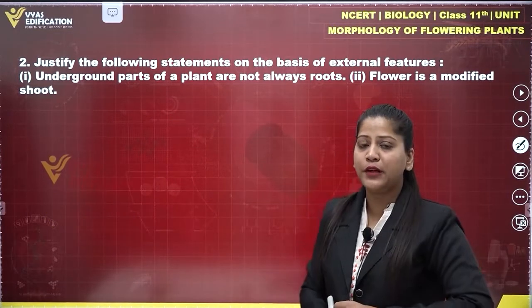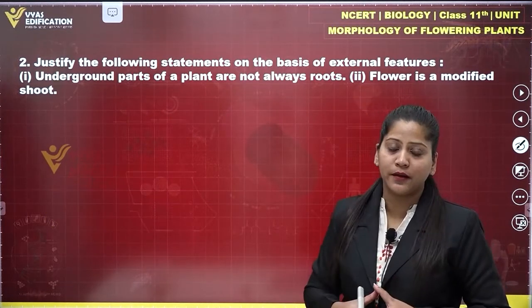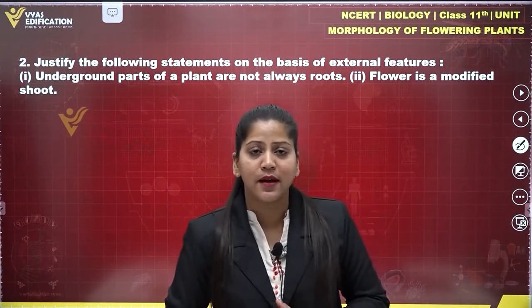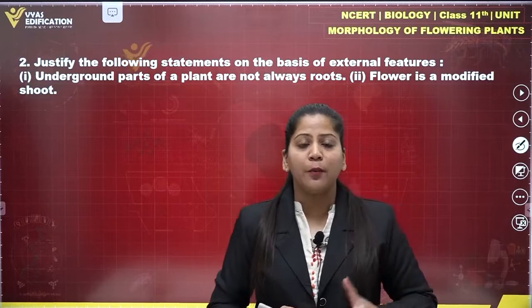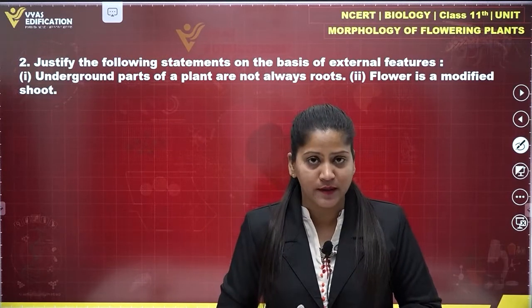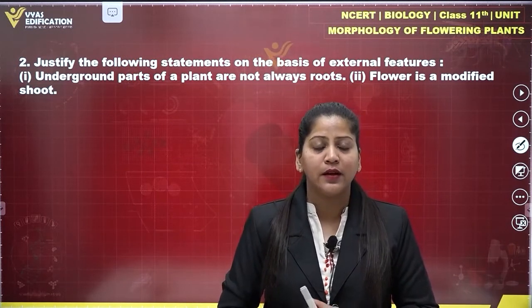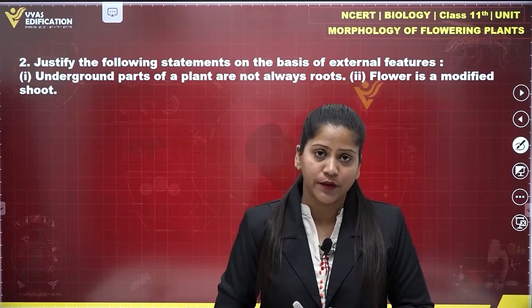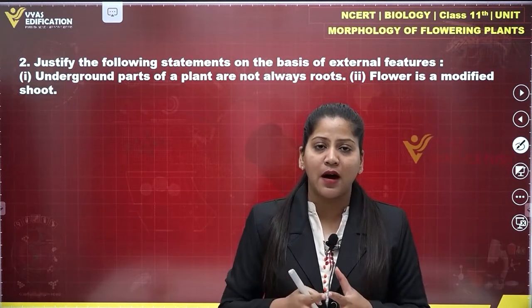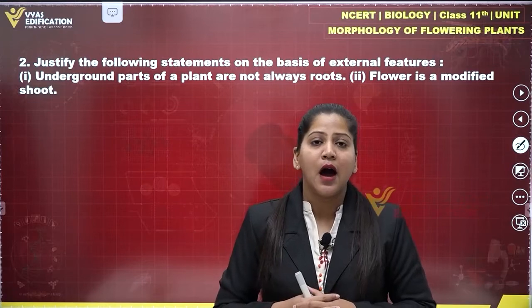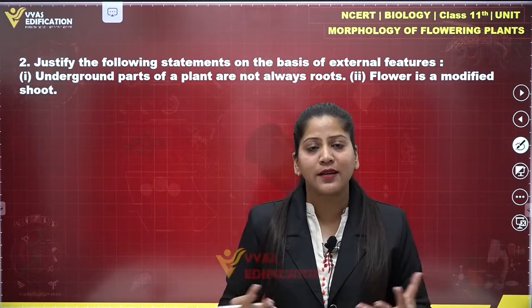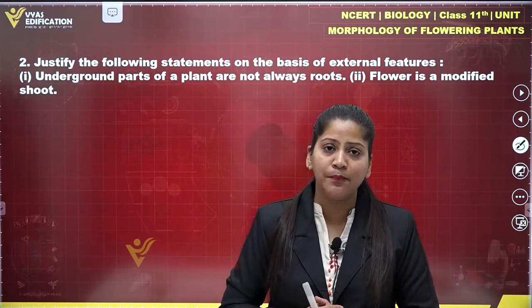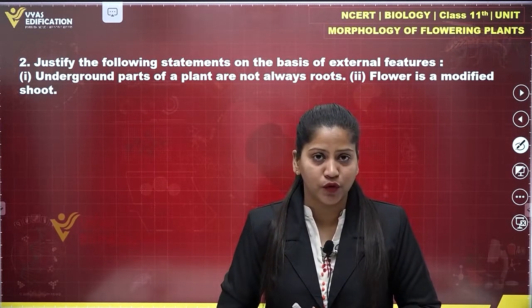So first of all, we know that various parts of a plant are modified into underground structures to perform various kinds of functions, such as stems, leaves, and even fruits.